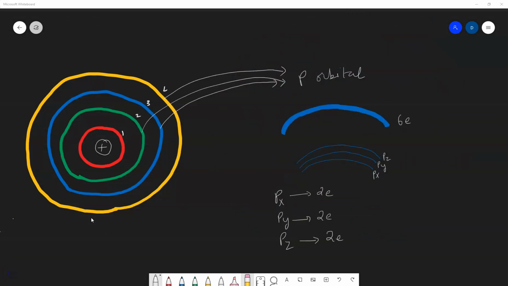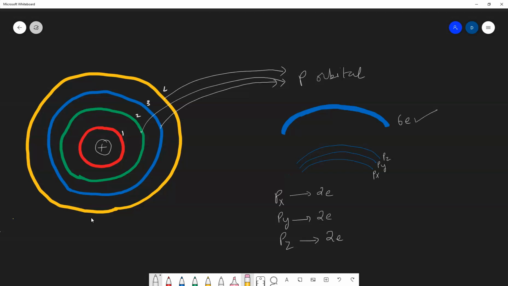So now we are going to see what exactly this p orbital is made of. So far what we know is that shell number 2, shell number 3 and shell number 4 all have p orbitals, and the p orbital can have a maximum of 6 electrons.